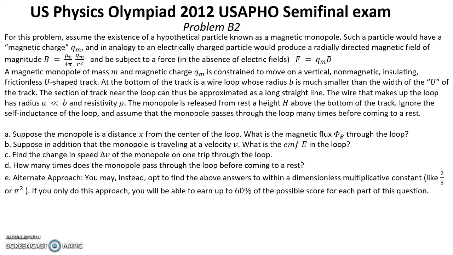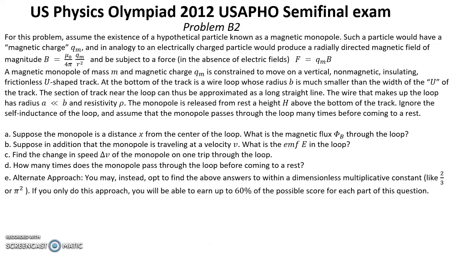B. Suppose in addition that the monopole is traveling at a velocity v, what is the EMF E in the loop? Question C. Find the change in the speed dv of the monopole on the trip through the loop. Question D. How many times does the monopole pass through the loop before coming to a rest?